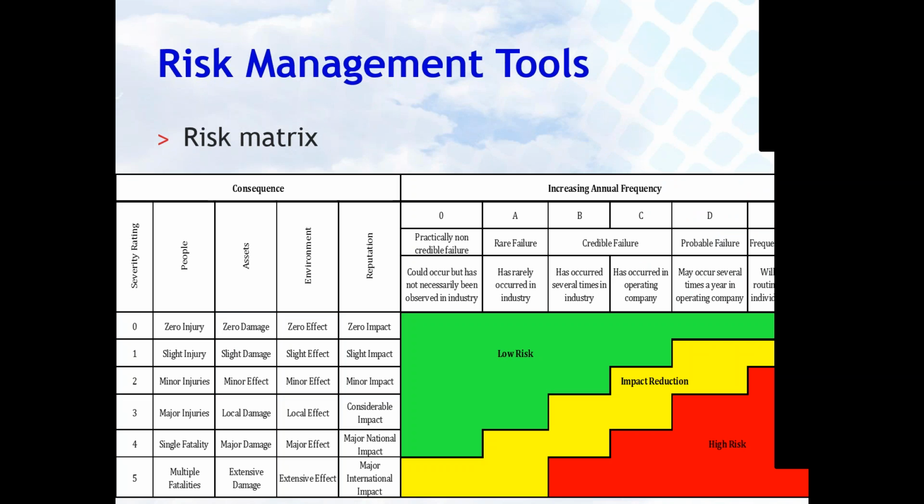So I think most of you are pretty familiar with the standard risk management tools, like a risk matrix, where you take a number of considerations with frequency and the level of risk, and you could rank them. You can do this for a number of elements, whether it be in all of your aspects, whether it be an individual significant aspect or impact, and taking into consideration the consequences, whether it's people, assets, the environment, or your reputation.